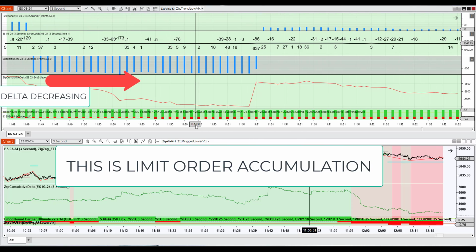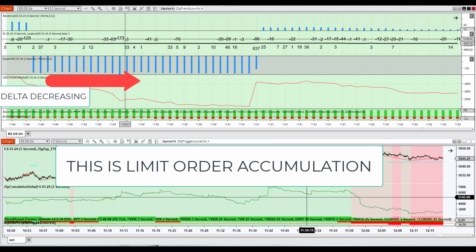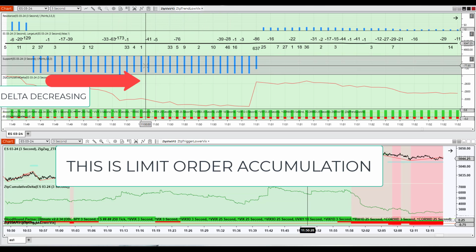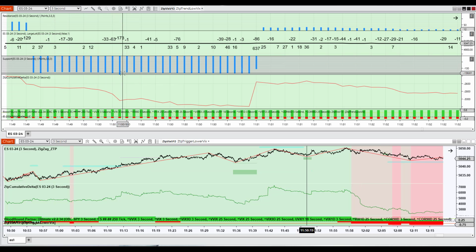Now, basically what we're trying to look for is we want to see our buying and our selling from our delta strength, but we also want to take into account what our support is telling us down here. Now remember, our support has been set at 100 and at a negative 150.